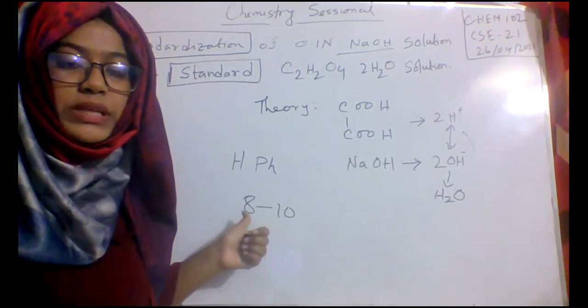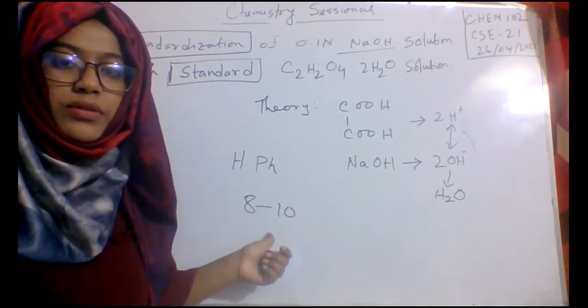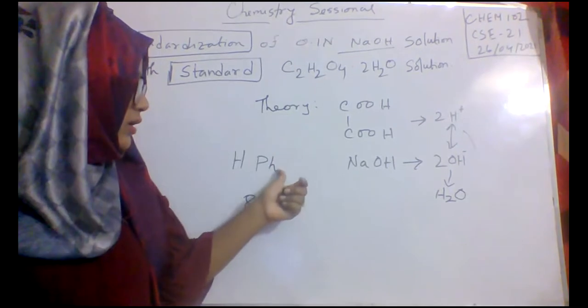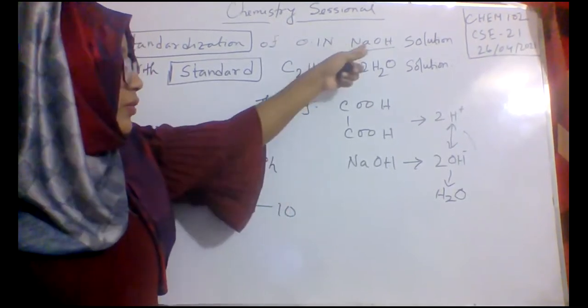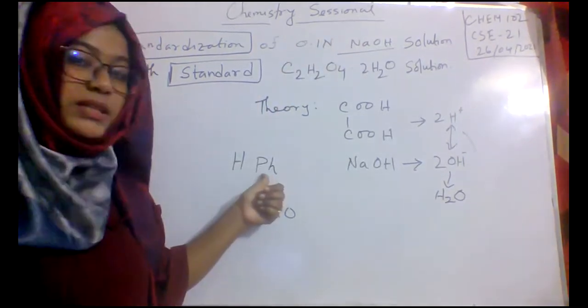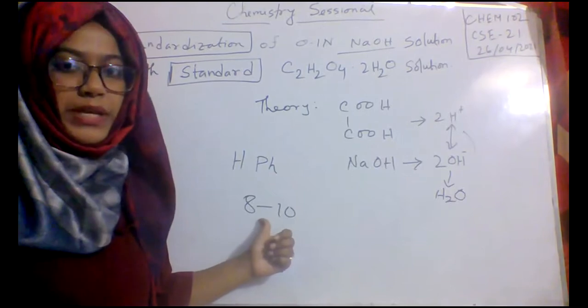How to choose an indicator? It depends on the nature of the indicator, the titrant and the titrate. Since here we are using a strong base, we can use an indicator which can dissociate in a basic pH.